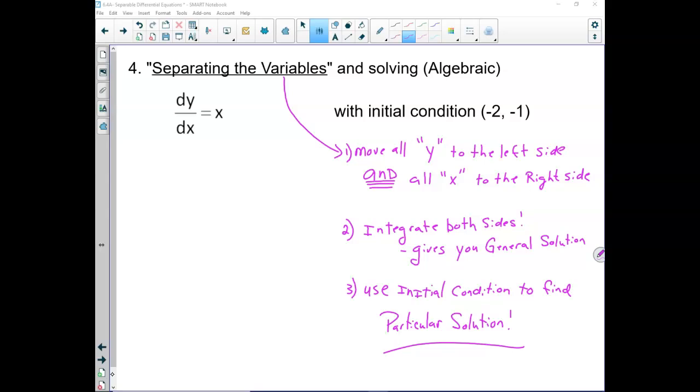Once I do that, I'm going to integrate both sides. This is going to give me my general solution. After I find the general solution, I will use my initial condition to find the particular solution. So I'm going to separate and then integrate every time.